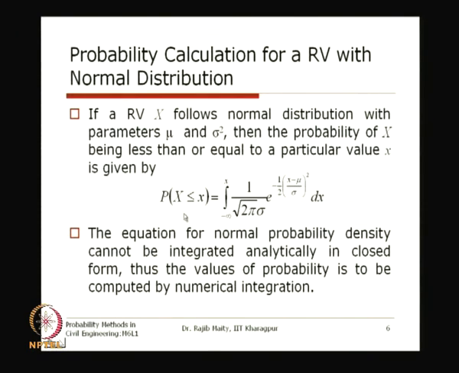Now, as we have shown earlier, for a random variable x that follows a normal distribution with parameters mean mu and variance sigma square, the probability of x being less than or equal to a particular value x is given by the integration from minus infinity to x of 1 by sigma square root 2 pi, e to the power minus half, x minus mu by sigma whole square, dx.